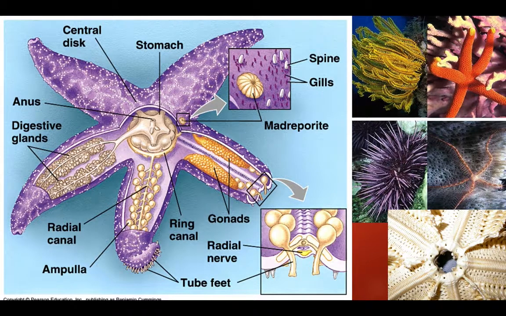But this is not what is actually reality. Each one of these arms has all of these structures. So this diagram pieces them apart, but really in each arm, all of these systems are inside of the arms. Each arm has digestive glands, the water vascular system with ampulla, and gonads. So very dense arms in this case.